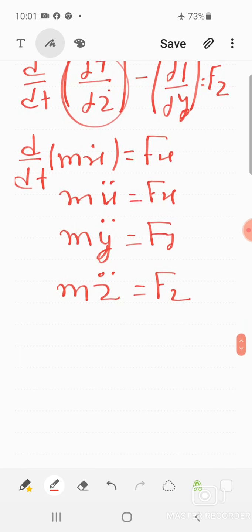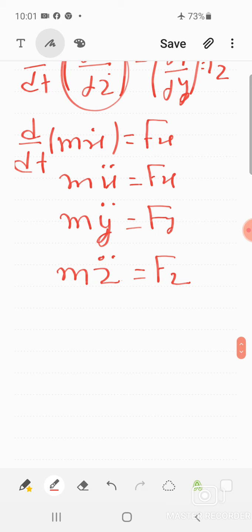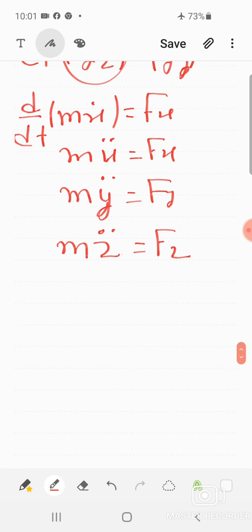These are the values when we put the values of the generalized coordinate k in the equation.